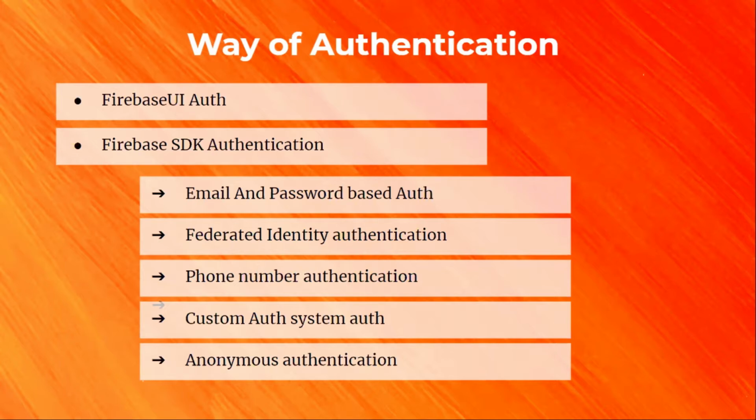By using that, we can access the real-time database and other Firebase services. We can create a temporary anonymous account using Firebase so that we can access all the features which we want to use with Firebase. So these are the methods we have in the Firebase authentication part.